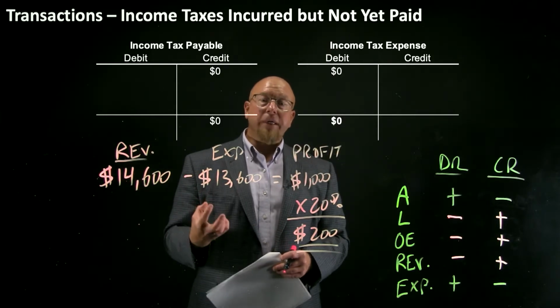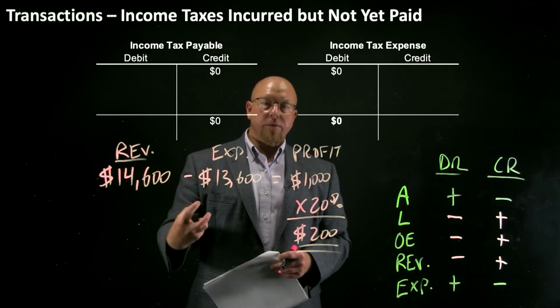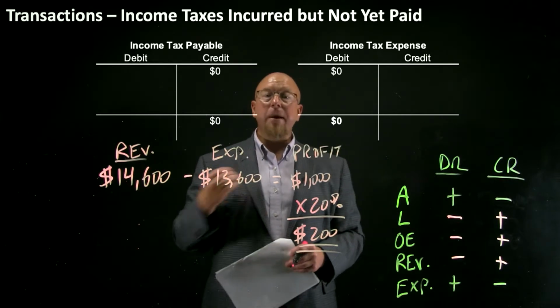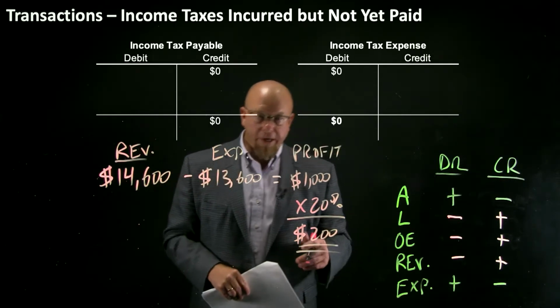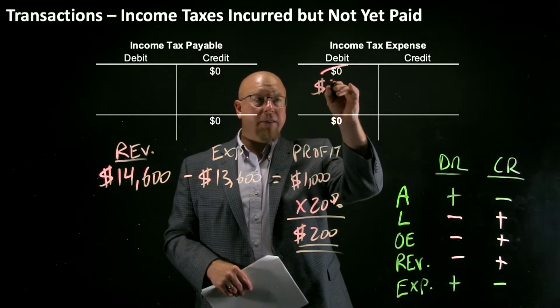You see, most companies pay their taxes on a quarterly basis. Every 3 months they measure, well, it could get very complicated. I don't want to go down that rabbit hole, but they pay their tax bills often every 3 months, quarterly basis. So what we're going to do here is we're going to record the income tax expense.